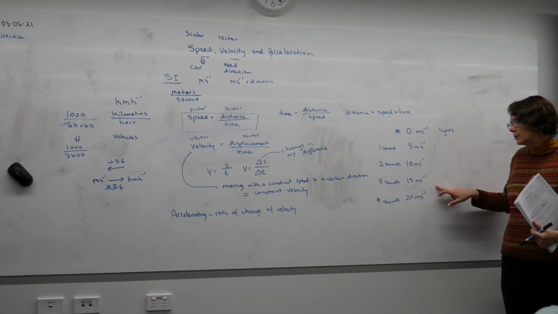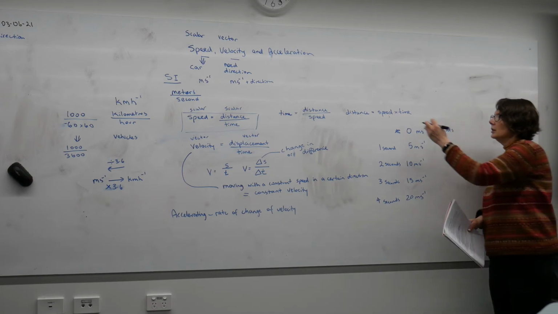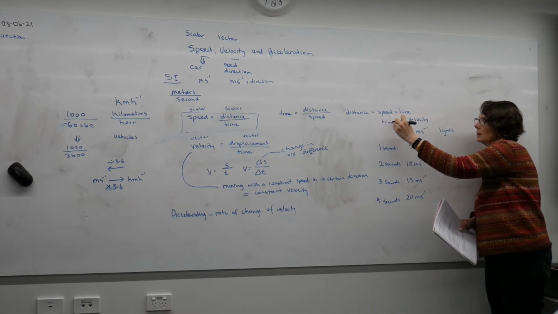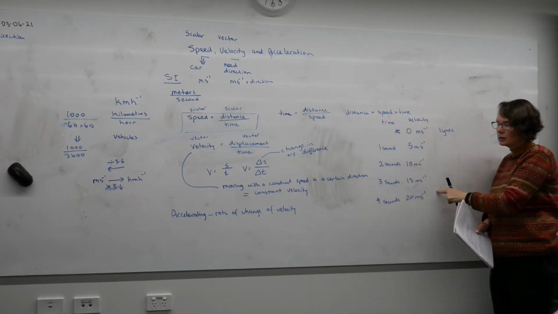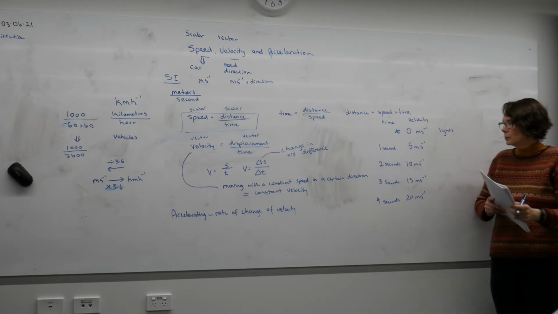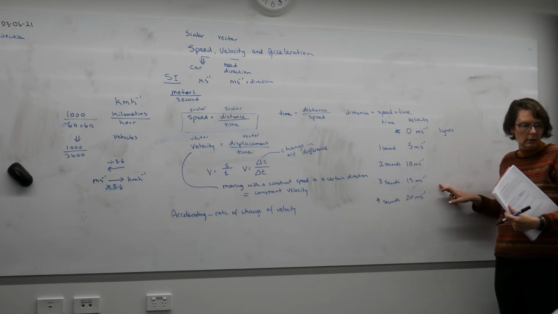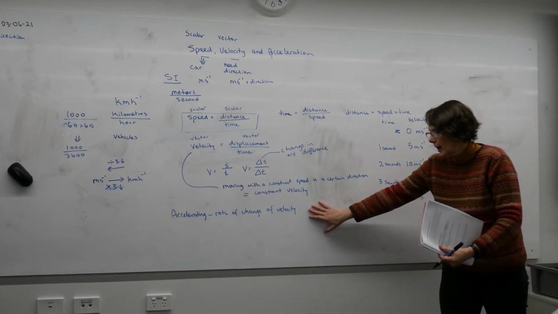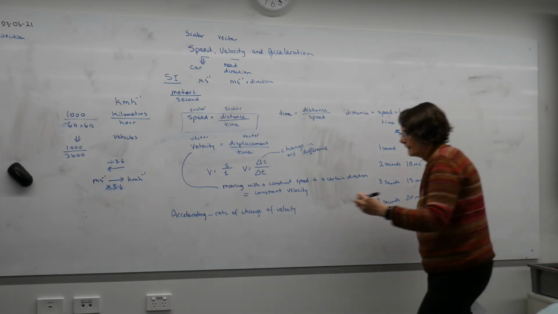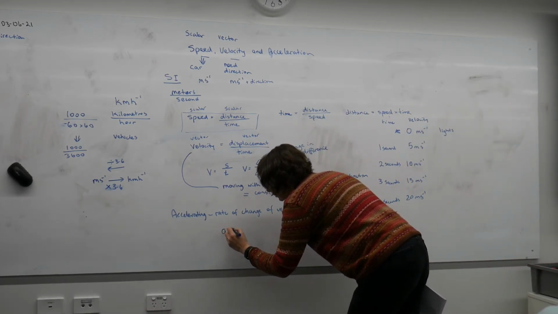But see how this is our velocity. This is time. And because this is increasing, this is telling me I'm accelerating, because my velocity is increasing. And that's why acceleration is the rate of change of velocity, which is also a vector quantity.